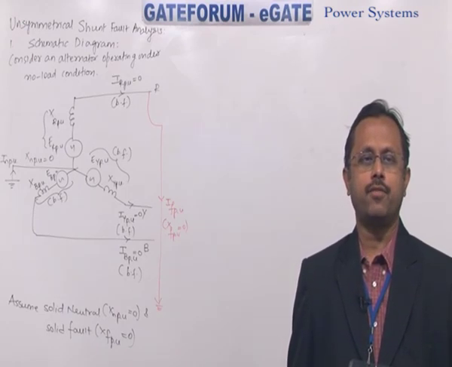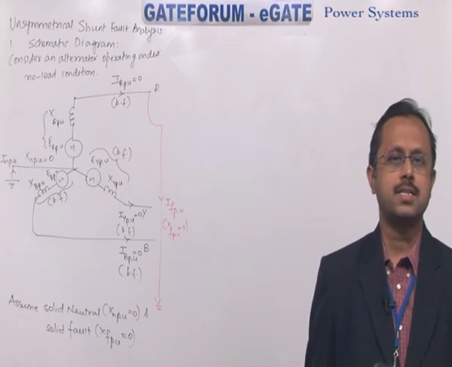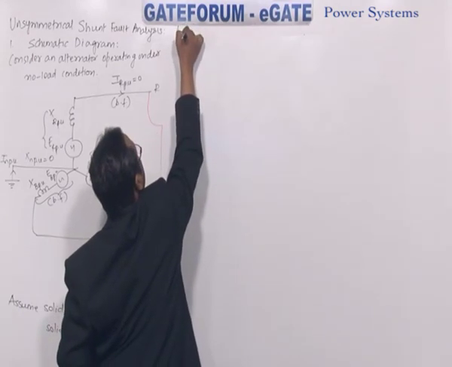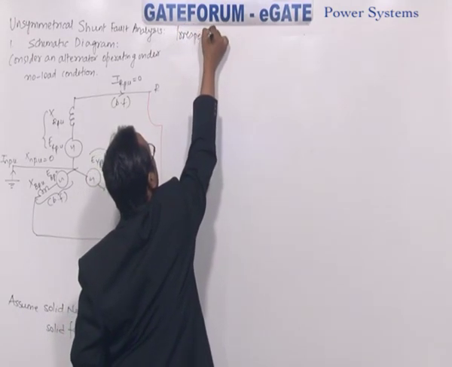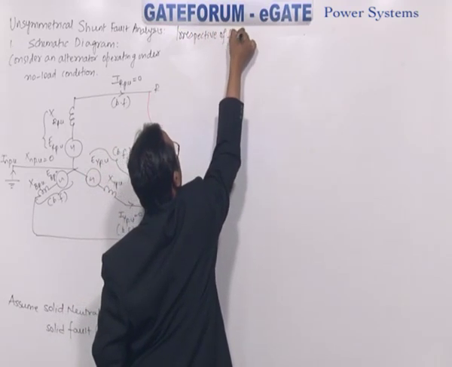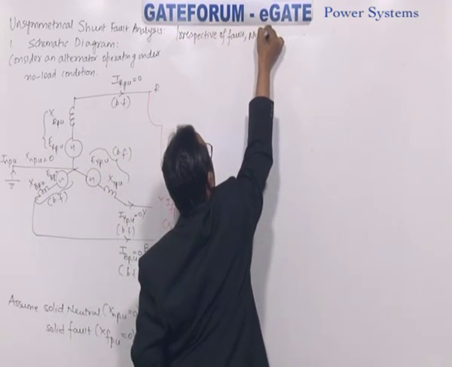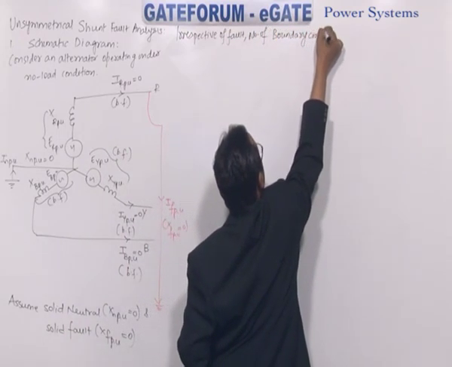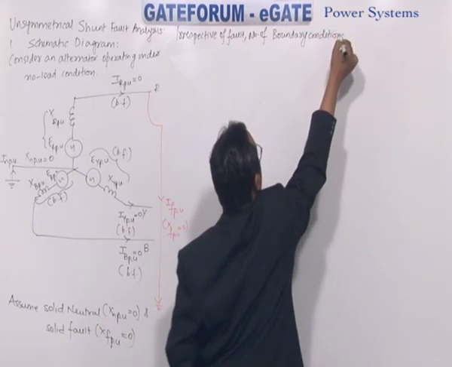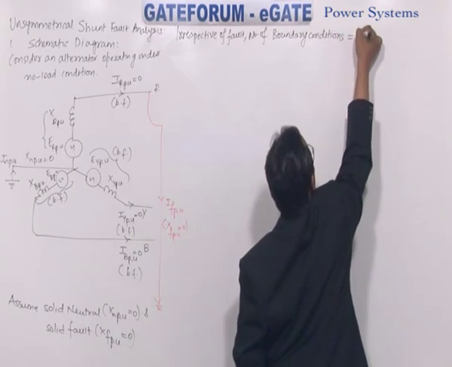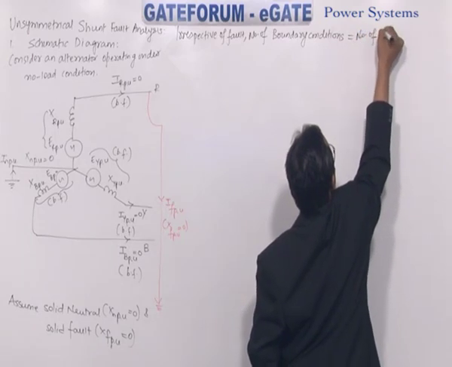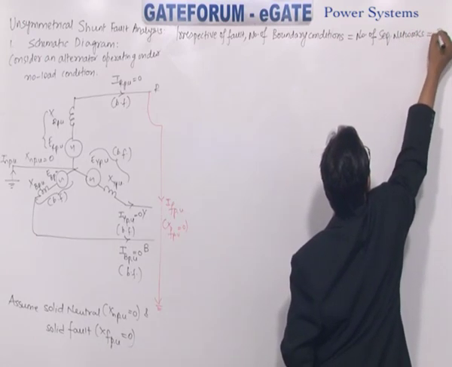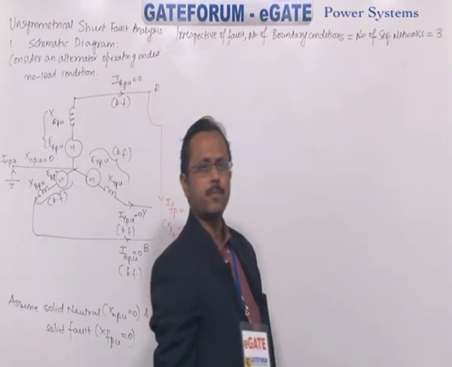So irrespective of the fault, the number of boundary conditions is equal to 3.